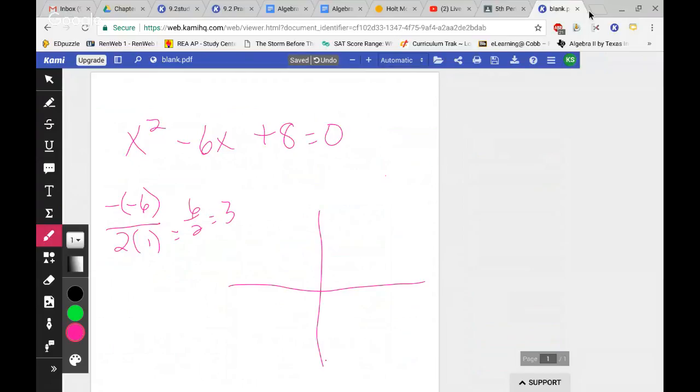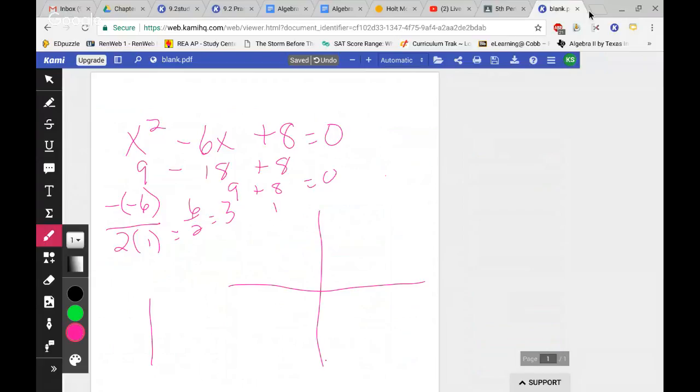And then when you plug that back in, you've got 9 minus 18 plus 8. It's going to be 9 plus 8. Oh, it's going to be way off the grid, way away. It'll be way up here.